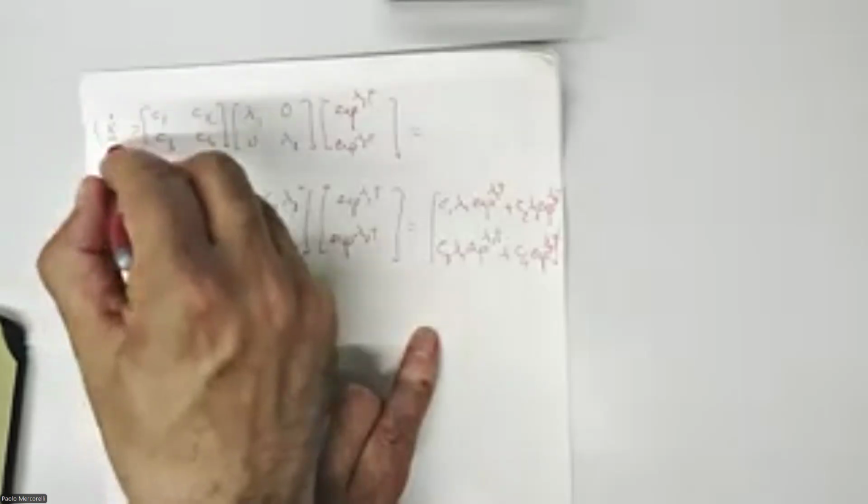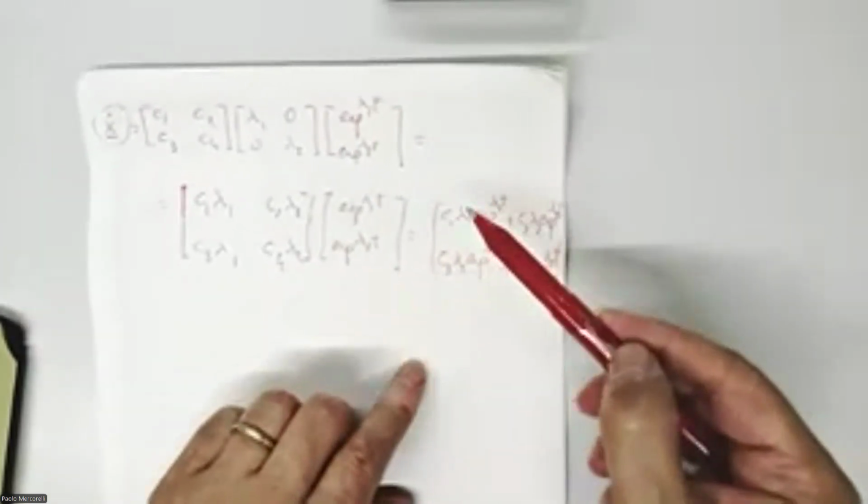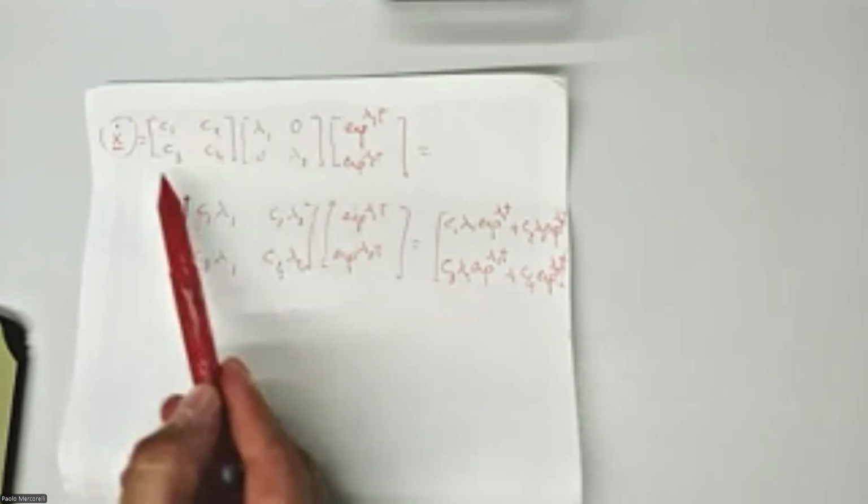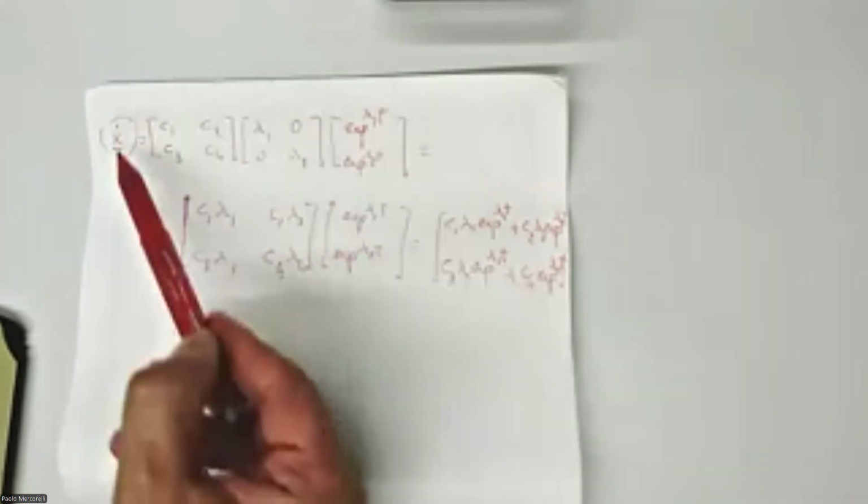Equals this one. And this expression here was our original expression which states the derivative, but very important, to write this expression in this form here, the expression of x dot.